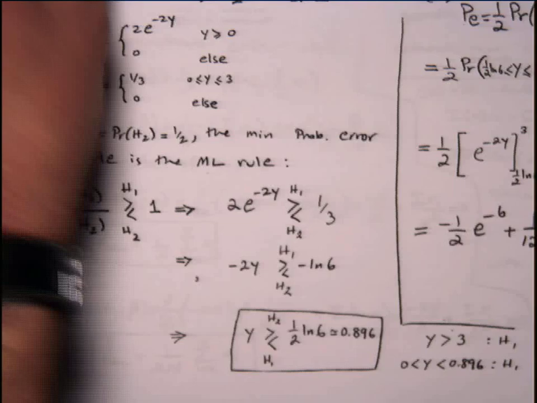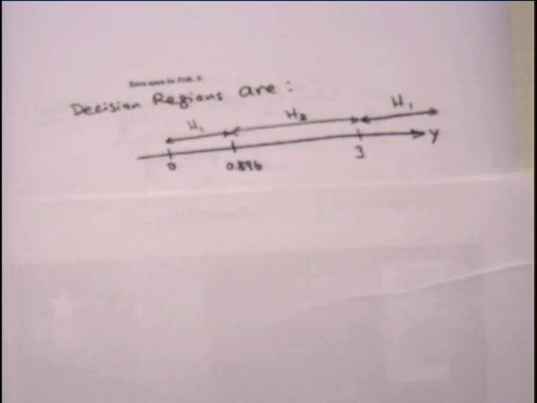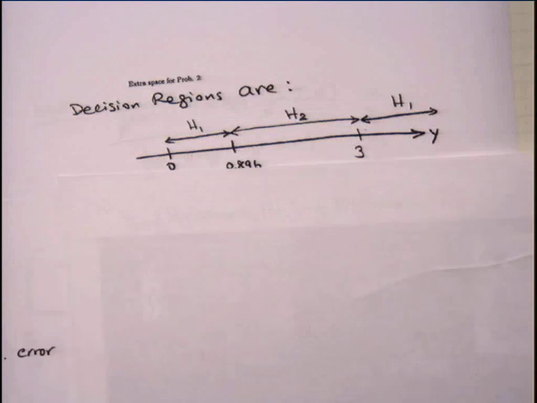All right, so then if you want to specify the region, the region is like this. This expression that we just looked at said that y has to be bigger than this 1/2 log of 6, which is about 0.9.